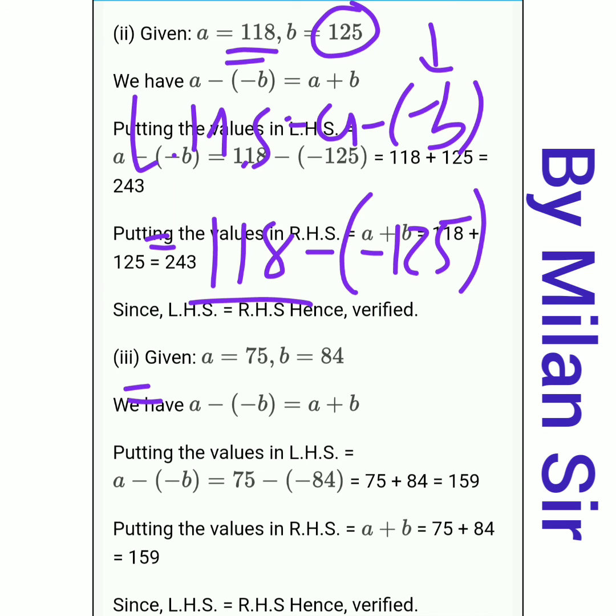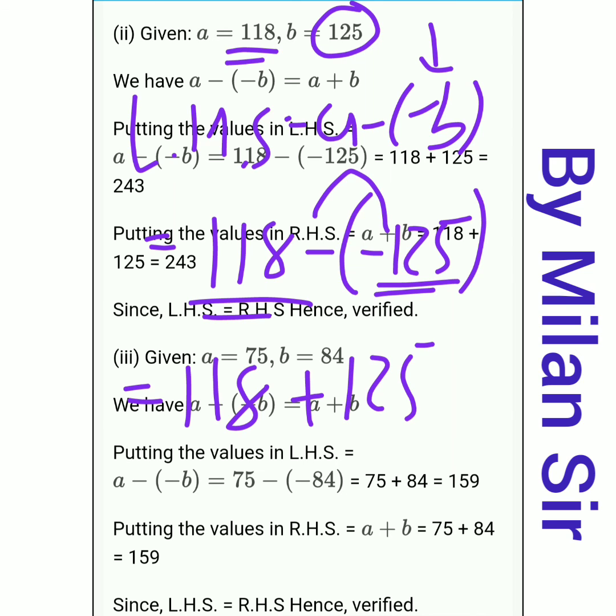Here 118 remains as it is, and minus minus becomes plus 125. Even with a bracket, that means multiply, so minus minus plus. So 118 plus 125. Is it 159? Sorry, not 159. 8 plus 5 is 13, then 2 plus 1 plus 1 is 4, and 1 plus 1 is 2, so 243. Okay, 118 plus 125 is 243.